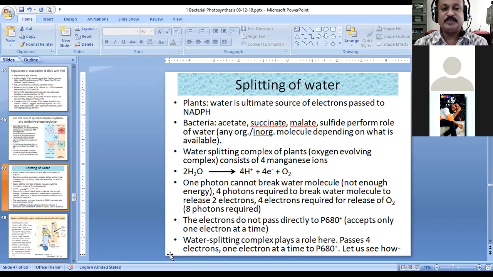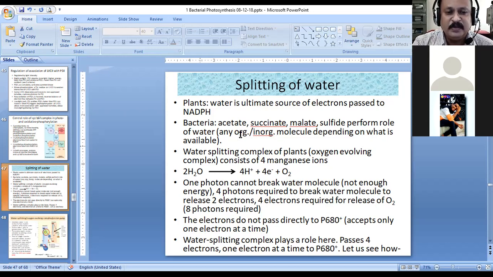Okay, the question is how are all the 4 electrons properly taken care of? Because the reaction center would want one electron at a time. There are two reaction centers, of course we have seen that, and both of them need 2 electrons each. And the electrons which are released from water, that happens all of a sudden, isn't it? So it shouldn't happen that the electrons are getting wasted away somewhere, or they get leaked away.